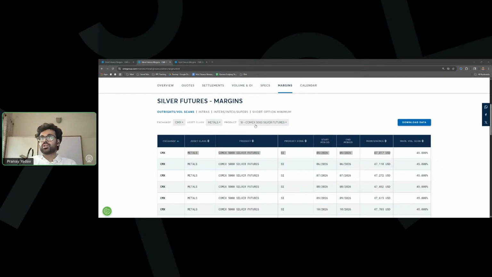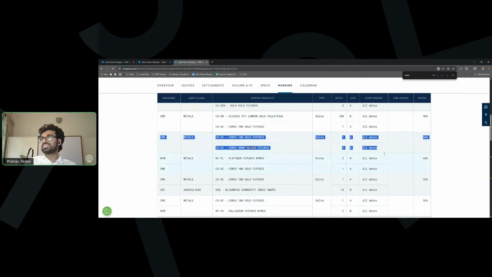If you put that together, right, 28,000 plus 47,000 gives you 70,000 in maintenance margin requirements if you consider both of these legs active. Now, what the cross asset spread in this case is offering you is a 60% margin reduction.